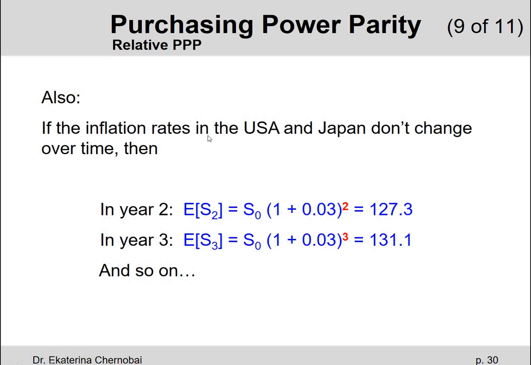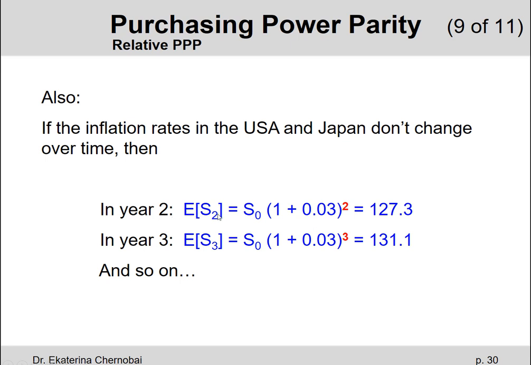If we expect the inflation rates in the USA and in Japan to stay at the same level, so prices in Japan will keep rising by 10% in 2 years and in 3 years and so on, and in the United States the prices will increase by 7% year after year, then we can calculate the expected spot exchange rate 2 years in the future, 3 years in the future, and so on, by adding the power 2 or 3 to the term 1 plus the 3% difference in the inflation rates.